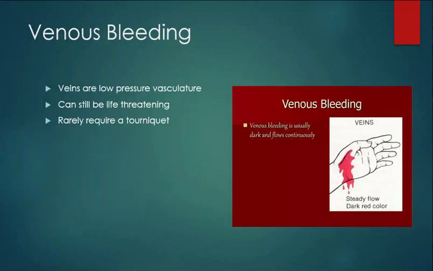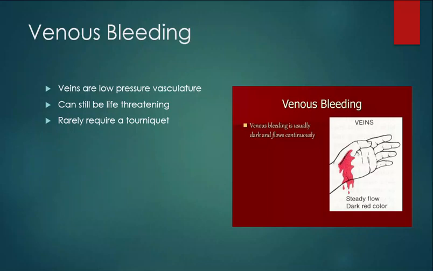Venous bleeding is literally just what it says. It comes from the vein. It's low pressure bleeding from a laceration. Here's the thing to keep in mind. Even though it is low pressure, which means it does not pulsate like an artery would, the fact that it is steady bleeding can indeed cause it to become life-threatening for your patient.